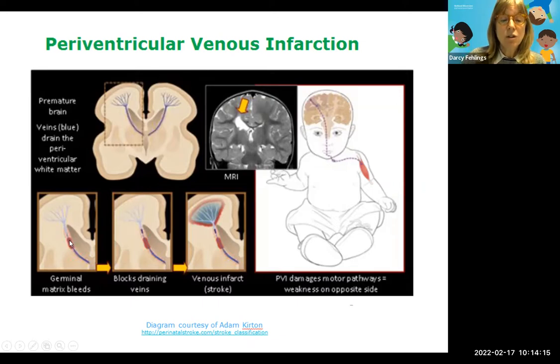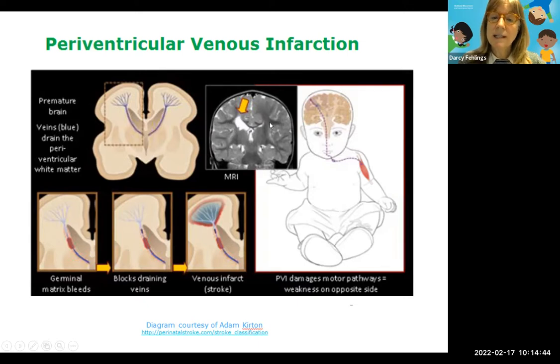If you get a germinal matrix bleed, this creates some venous congestion. And then you get a backflow of sluggish blood not exiting the vein. And this can lead to a venous infarct, a stroke. And then this is a very typical classic MRI pattern of an individual who's had a periventricular venous infarct.